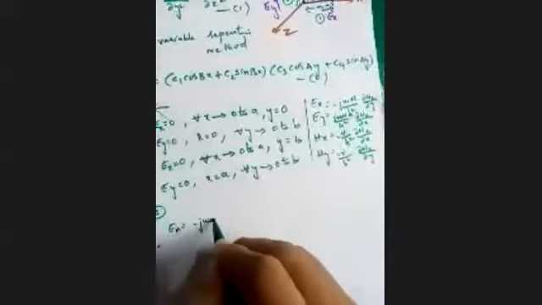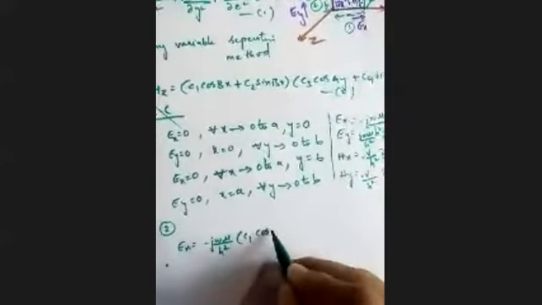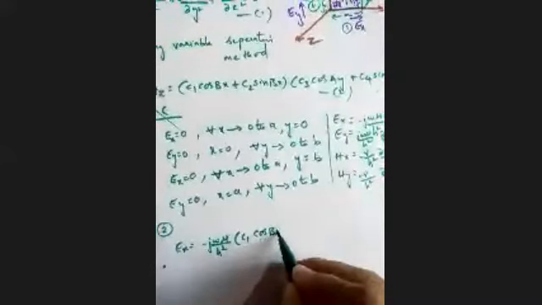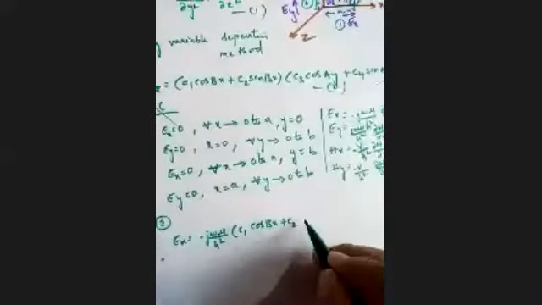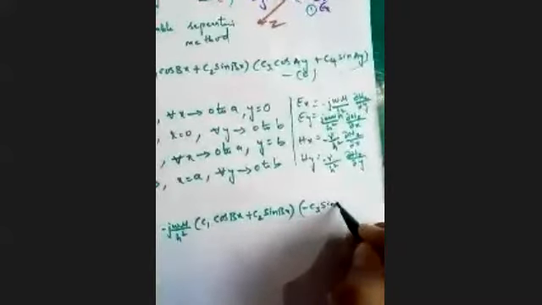Minus j omega mu by h square. We are differentiating Hz with respect to y, right? When you differentiate Hz with respect to y, this changes into sine and cos, and this will remain constant. So c1 cos bx plus c2 sin bx into, differentiation of cos is minus sine, so minus c3 sin ay into a.